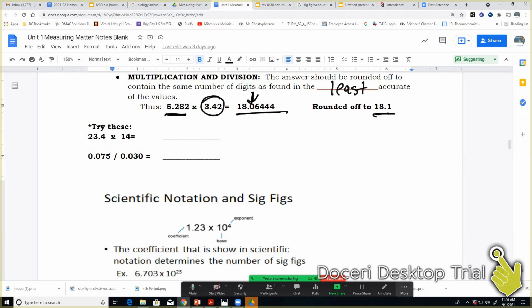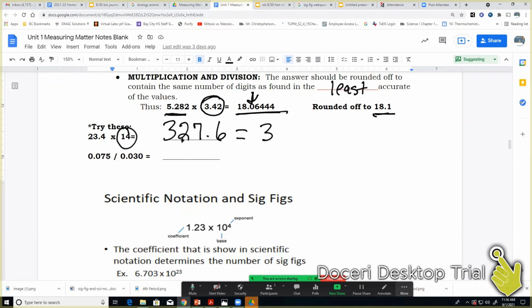All right, if I had 23.4 multiplied by 14, I would get 327.6 in my calculator. Can I leave it like that? No. What do we think we would round it to? How many sig figs can we have in our answer? 2, right? So we know the 3 is good.